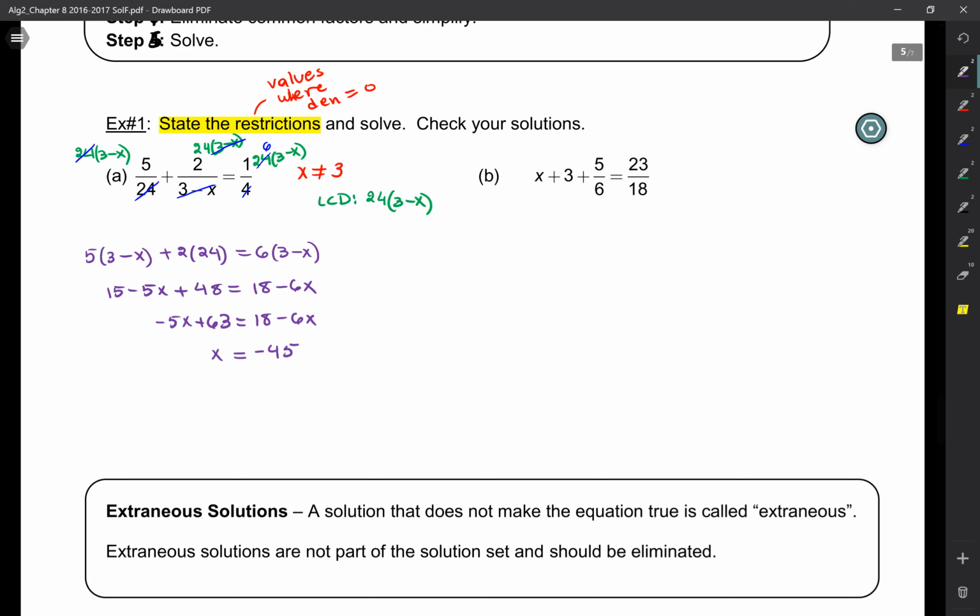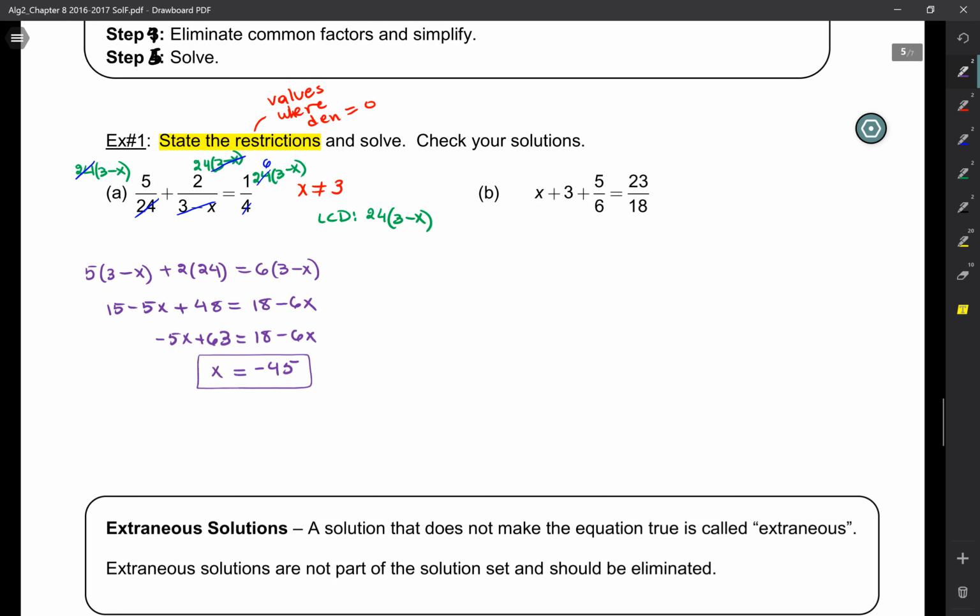Are we okay? Now, it says to check your solutions. We need to be careful that we don't get the restriction as a solution, all right? Which in this case we didn't, so we're good. Okay, so here I have x plus 3 and so on and so forth.